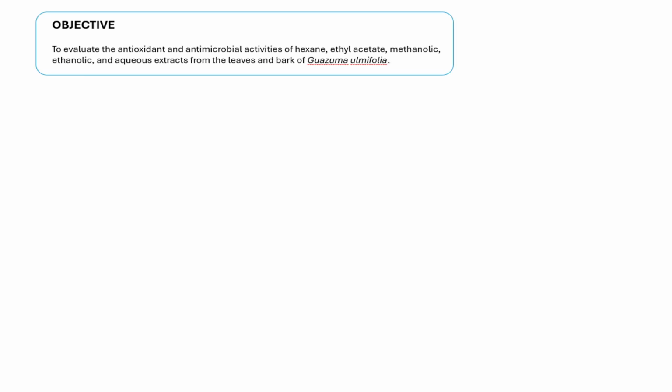For this reason, we aim to evaluate the antioxidant and antimicrobial activities of hexane, ethyl acetate, methanolic, ethanolic, and aqueous extracts from the leaves and bark of Guazuma ulmifolia.